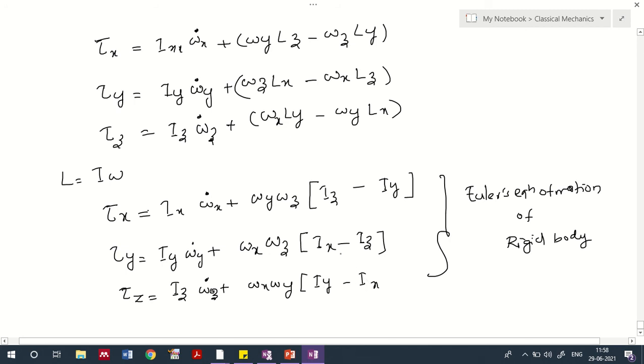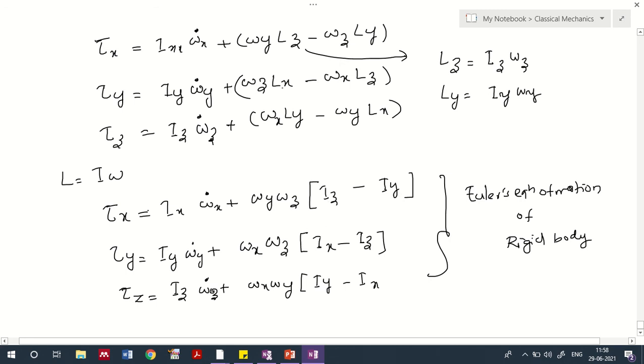So how did we do this? We just substituted into the earlier equation: Lz we can say is Iz omega z, and Ly we can represent as Iy omega y. Then you can collect omega y and omega z outside, and you will have Iz minus Iy.